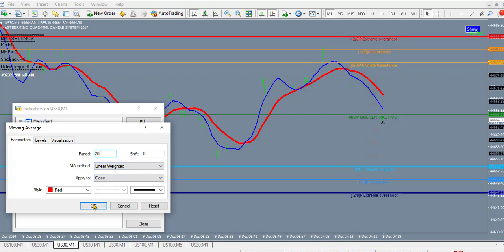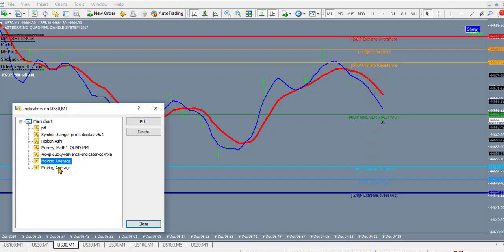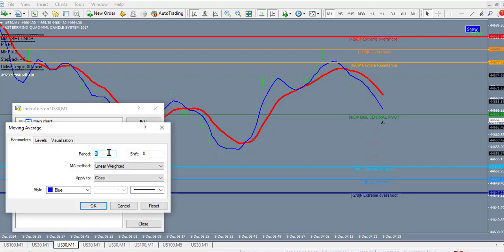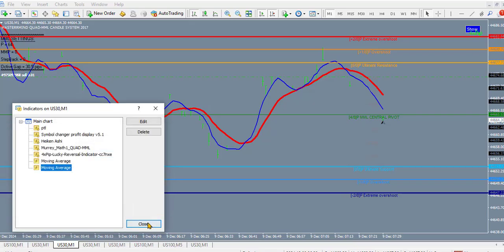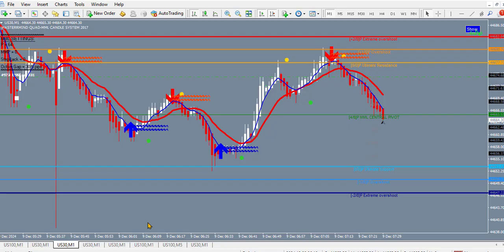The shift is 0. And the second moving average, the blue color, the period is 8, shift is 0, linear weighted, and apply to close. So these are all the indicators I use for this particular winning strategy.